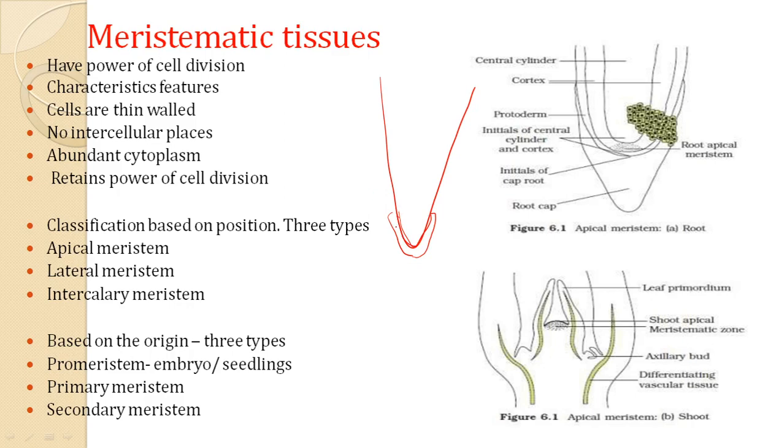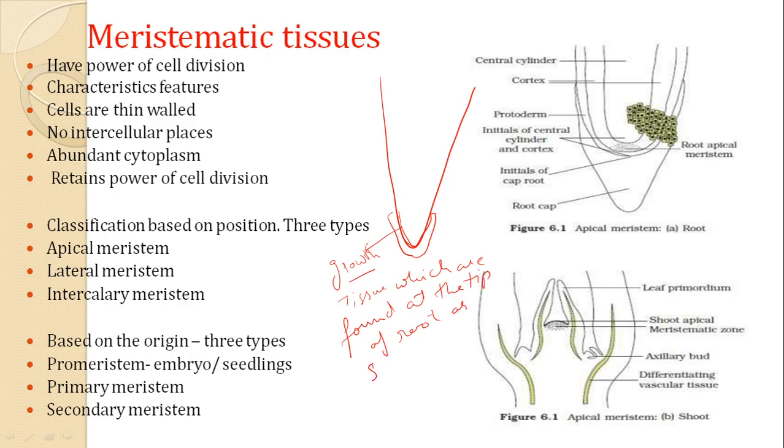Why? Because continuous growth is always seen in this area. So the tissue which is found at the tip of a root or shoot is known as apical meristem. Apical meristem.